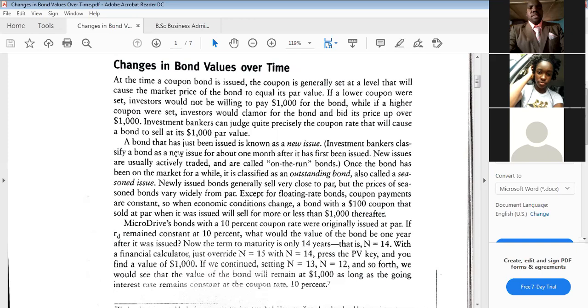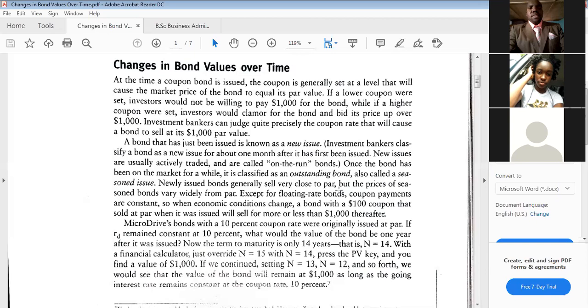Once the bond has been on the market for a while, it is classified as an outstanding bond, also called a seasoned issue. Newly issued bonds generally sell very close to par, but the prices of seasoned bonds vary widely from par.